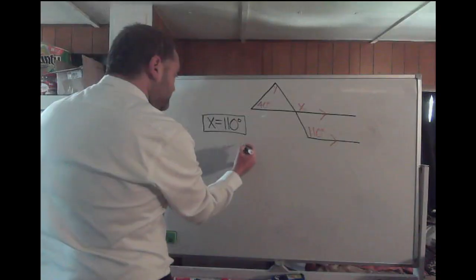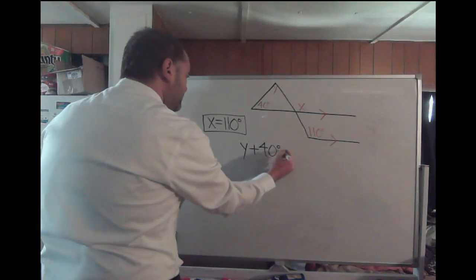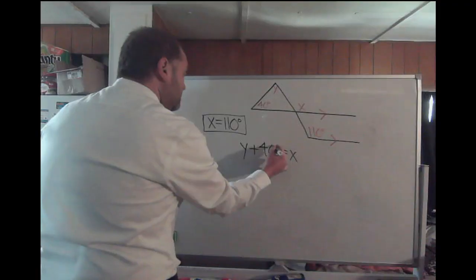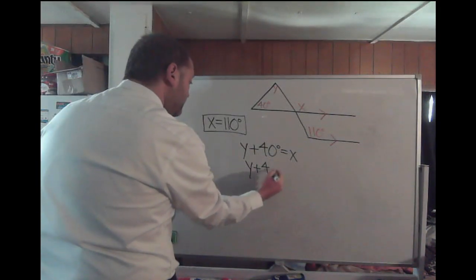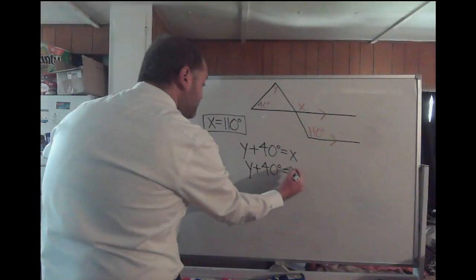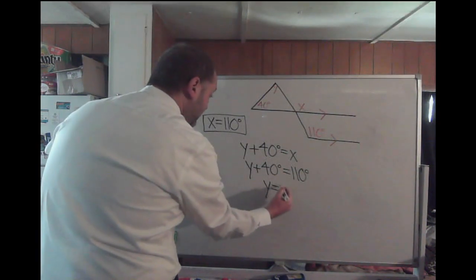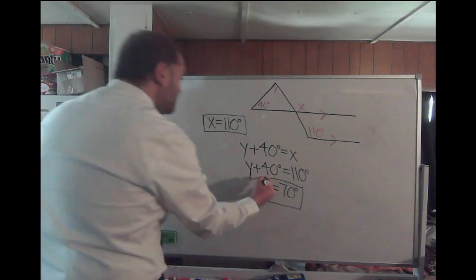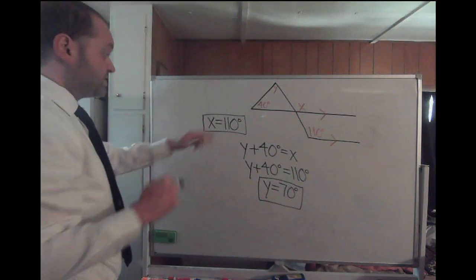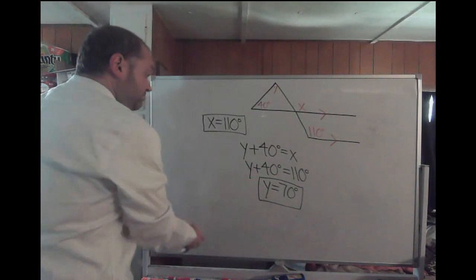So y plus 40 degrees equals x. Well, we know x is 110, so y plus 40 degrees equals 110 degrees, which means that y would simply equal 70 degrees. So x therefore is 110 degrees, y would equal 70 degrees.